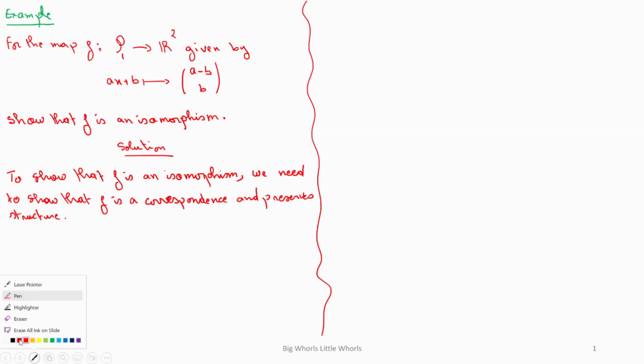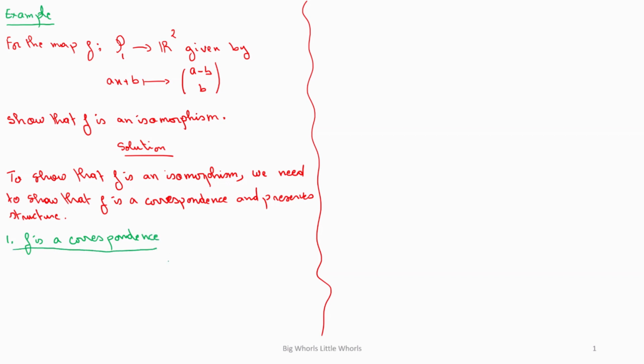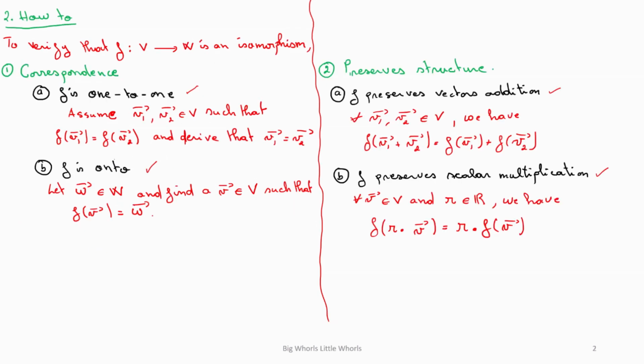Number one, we need to prove that f is a correspondence. If you remember the previous video, we need to prove two things. F is 1 to 1.